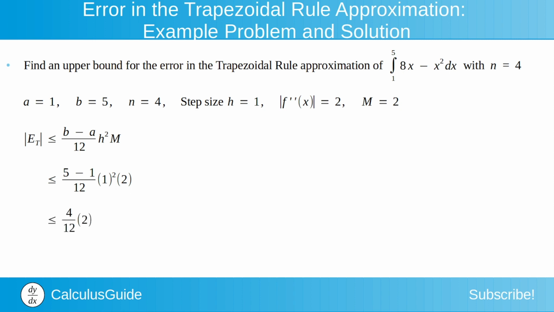This is less than or equal to 4 over 12 multiplied by 2, which is less than or equal to 0.67, rounded to 2 decimal places. I've now calculated that the absolute value of the error in the trapezoidal rule approximation is less than or equal to 0.67. This concludes this example problem and solution.